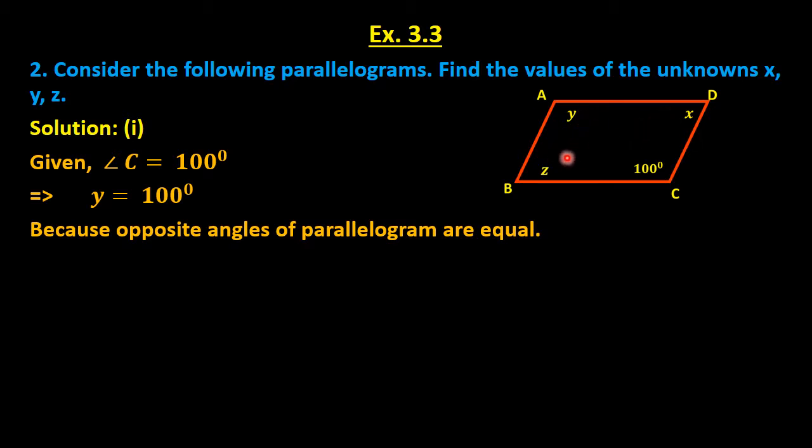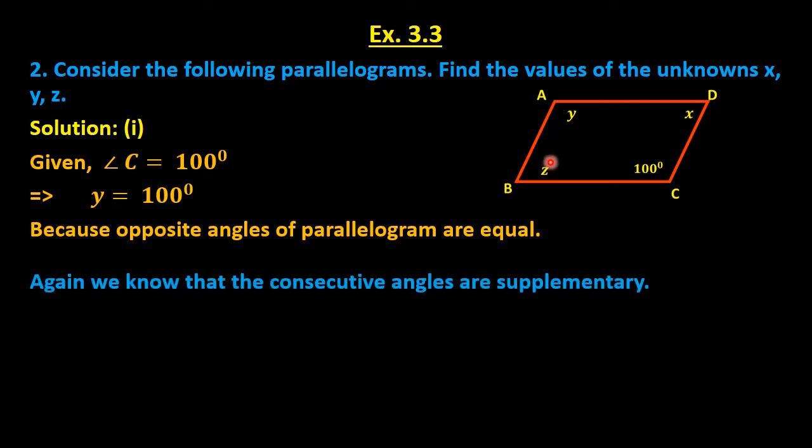First let us find the value for z. Here we are going to use another property of a parallelogram, that is, the consecutive angles of a parallelogram are supplementary, which means if we add these two angles, we must get 180 degrees.